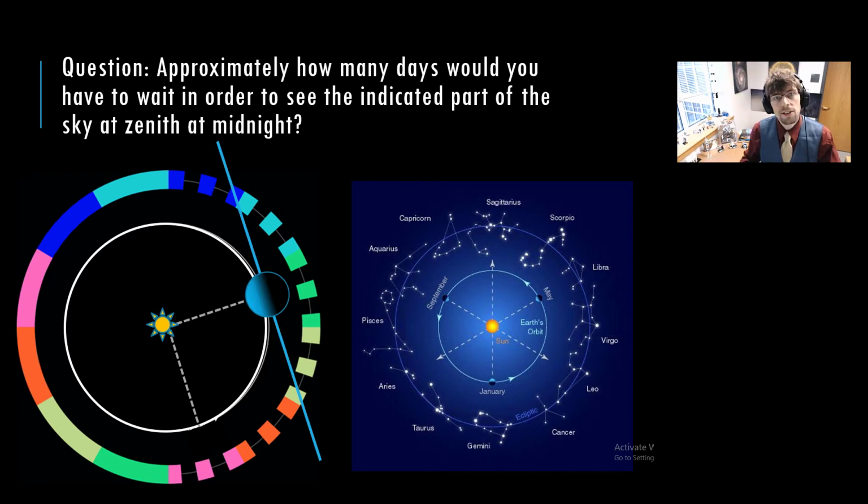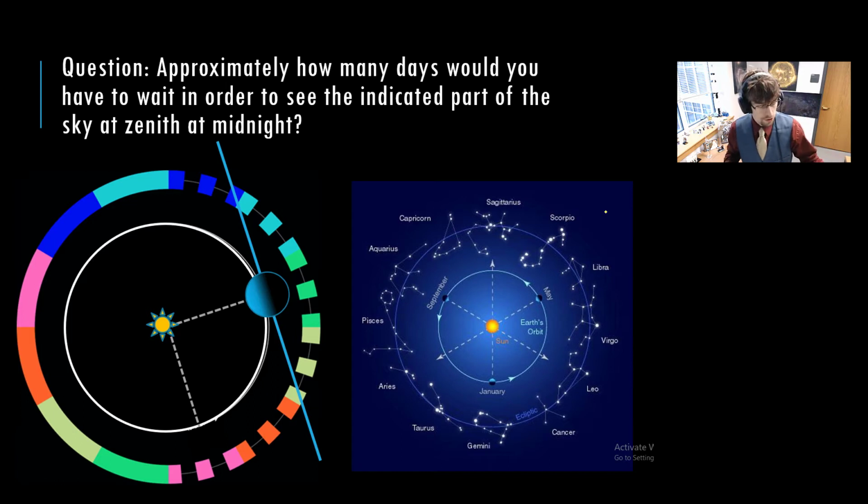And this is why those zodiac constellations tend to pop up. It's because those are the constellations through which the ecliptic plane can be found. You go out and you observe the location of the sun. It will be in one of the 12 plus 1 zodiac constellations.